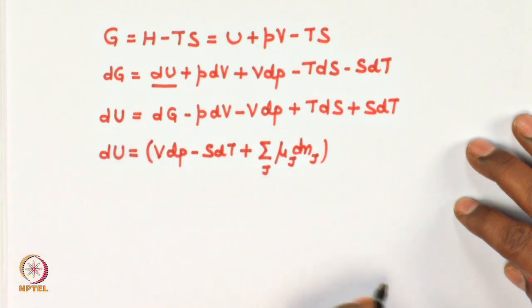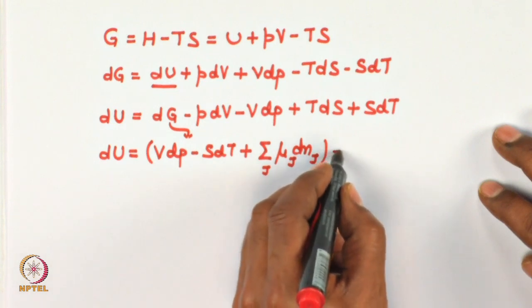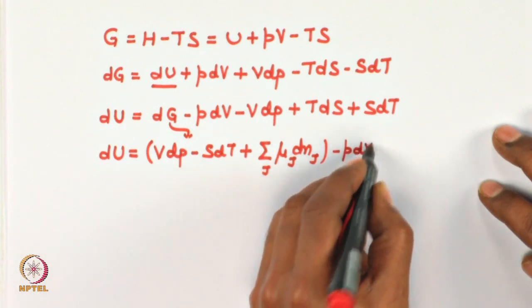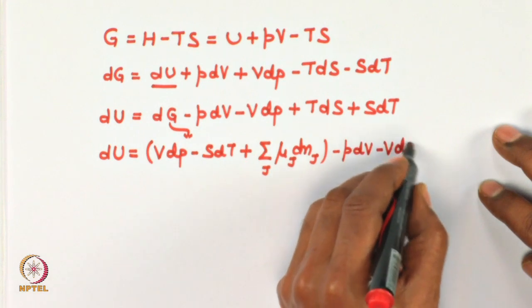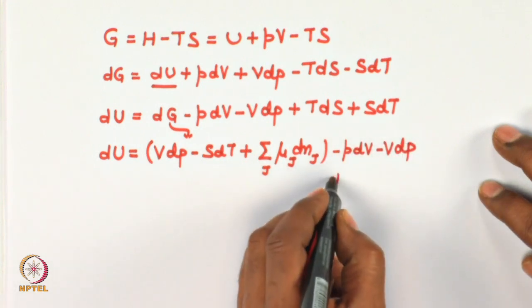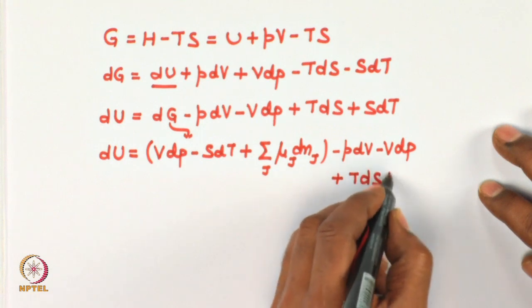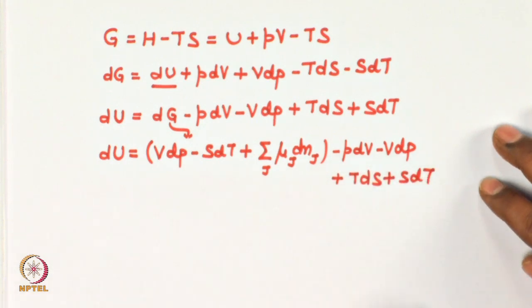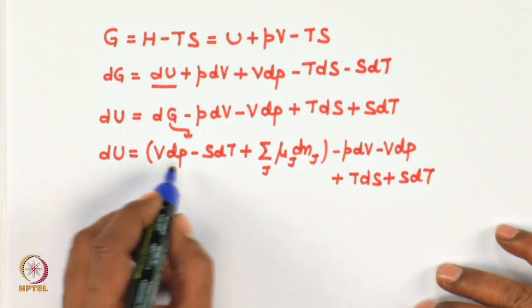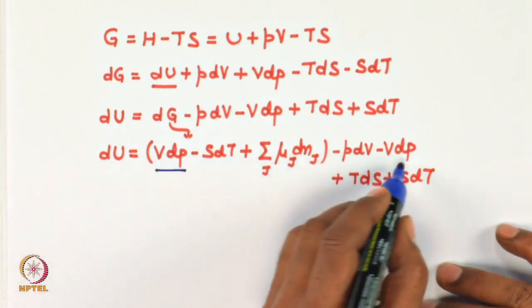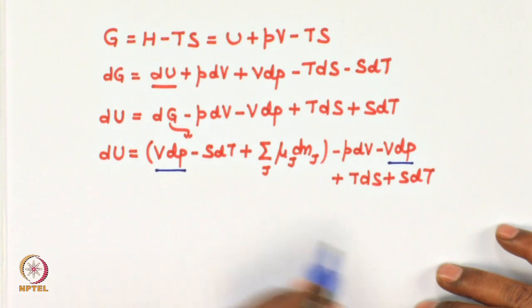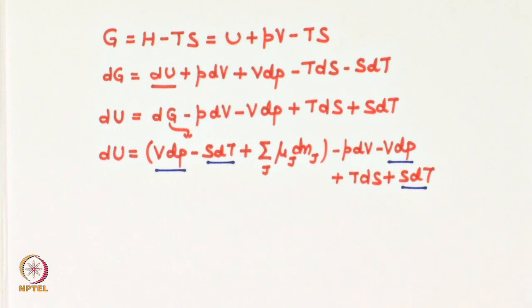This is dG, and I will write everything else now, minus PdV minus VdP plus TdS plus SdT. The various quantities which are going to cancel are VdP with VdP, minus SdT with plus SdT. These are going to cancel.